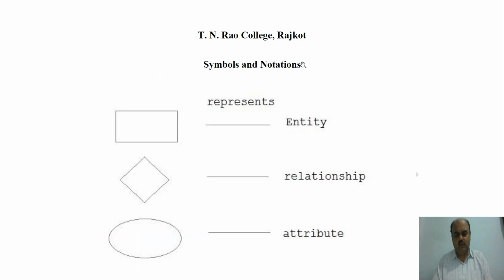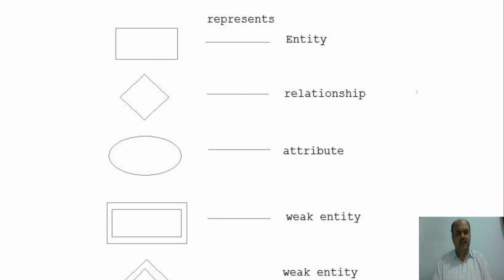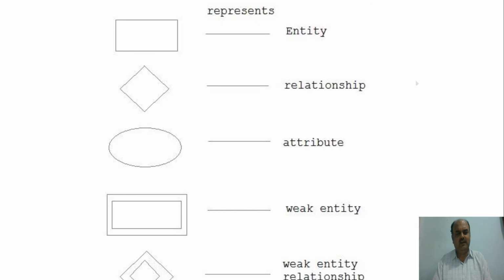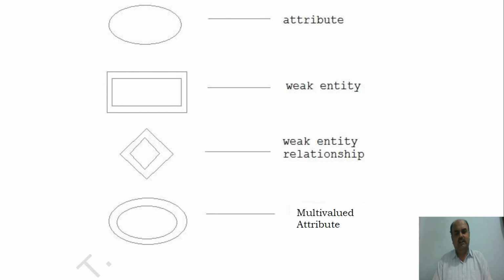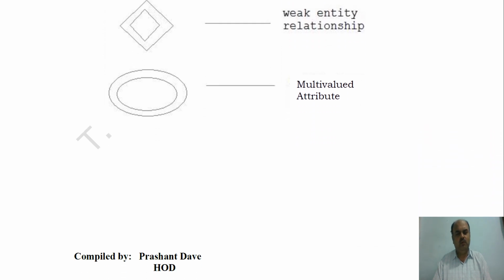Then an attribute is the oval shape, a weak entity is two rectangles, a weak relationship is two diamond shapes, and the multi-valued attribute is represented with two ovals.